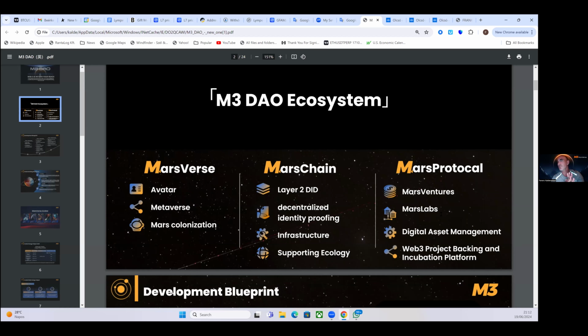Due to GC and another connection of Eddie, we have pretty good connections with all the exchanges. So we can easily list any kind of token and easily incubate any kind of project, like IDOs, initial decentralized offerings, or blue chip tokens.